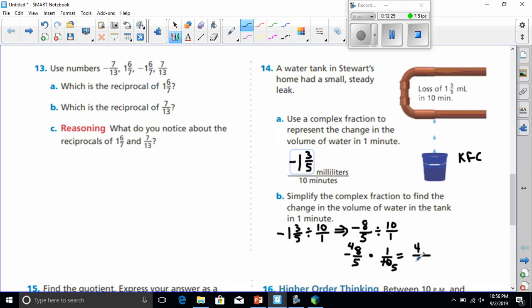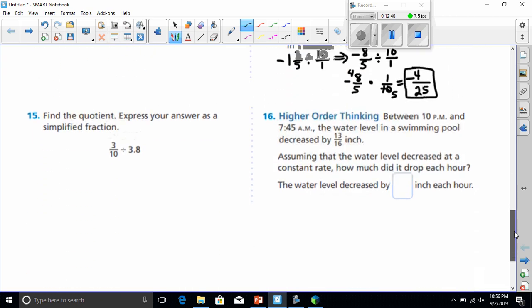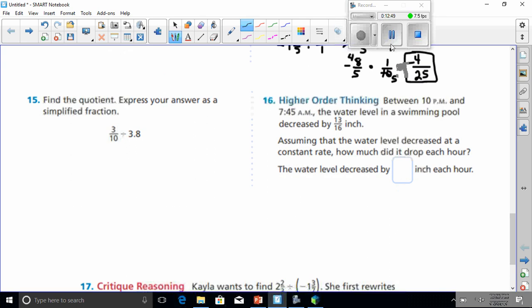We have 5 times 5, which equals 25. And we have a negative times a positive, so we know our answer is negative. So the answer to this problem is negative 4 over 25.